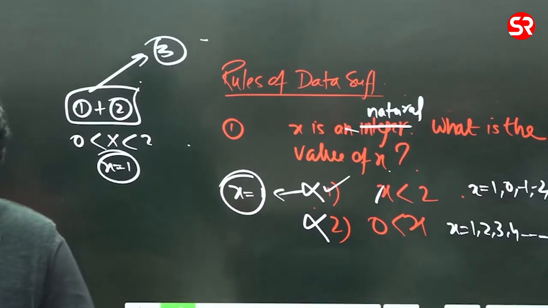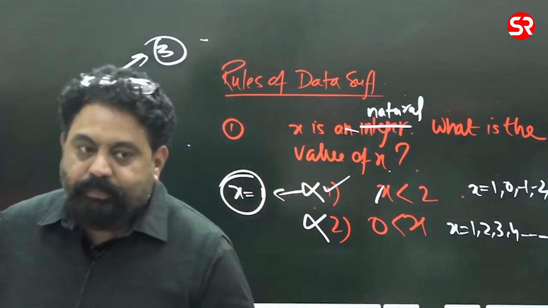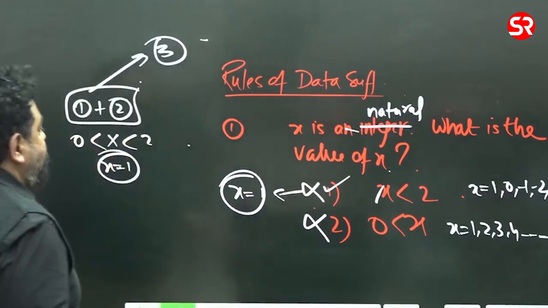This is data sufficiency. With a rule, just first rule we have done, but it is important. And that is the reason a lot of people are struggling, because they want shortcuts. There is no shortcut over here. This topic does not have any shortcut, right? Rule 2.